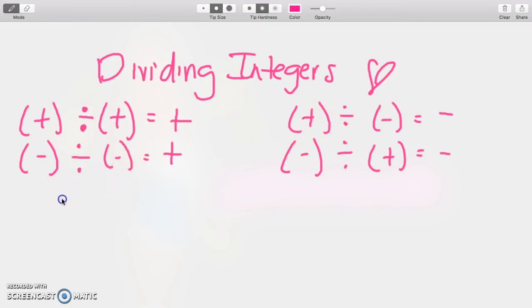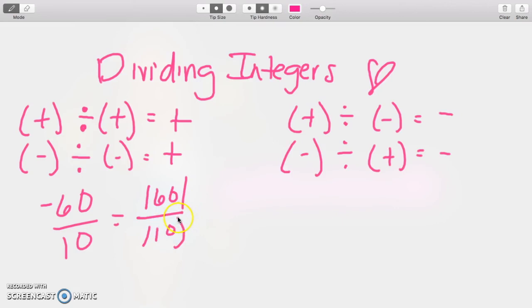Once again, we are still taking the absolute value of the numbers. My first example, with different signs, is negative 60 divided by 10, so the absolute value of 60 and the absolute value of 10. Sorry about that, I don't want to confuse my students, because sometimes they get confused with the parentheses if they're not paying attention.